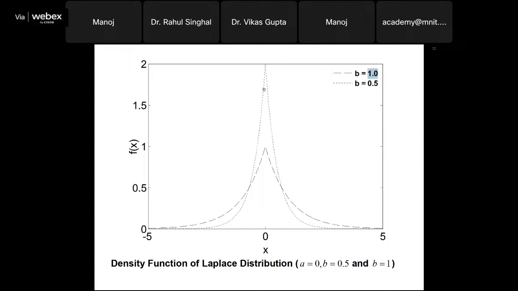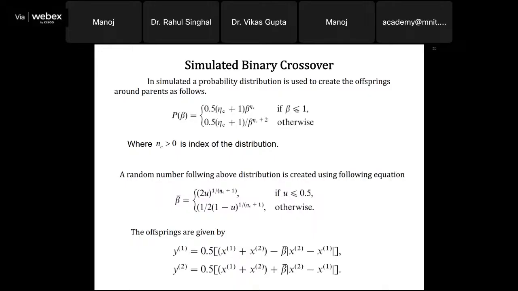So using this tunable parameter B, you can fine tune the generation of solutions nearby. If you want a more localized search, it's better to give smaller values of B, and if you want a more exploratory search, you can give a larger value of B, right? Similarly, in SBX also, this tunable parameter eta c does the same job.